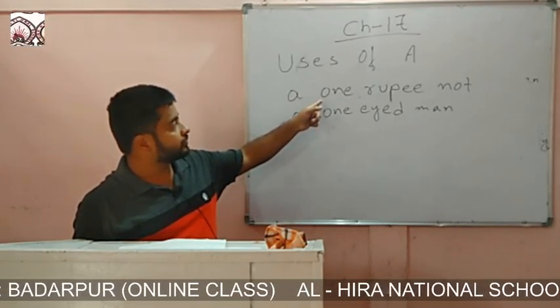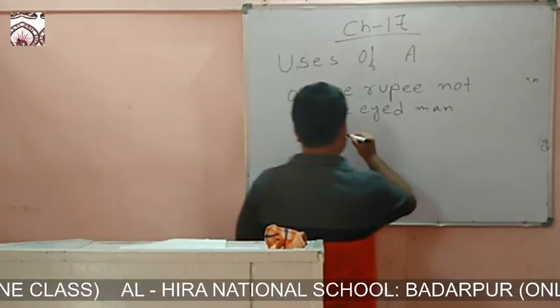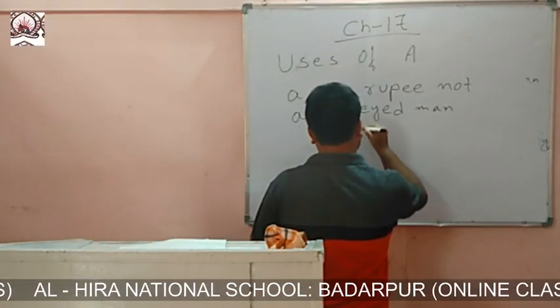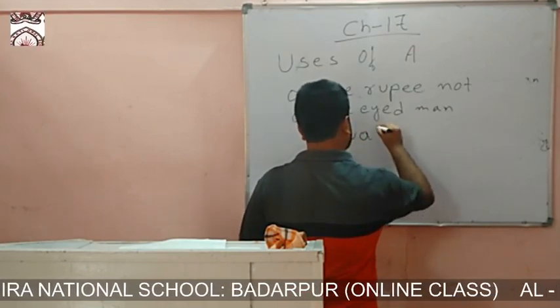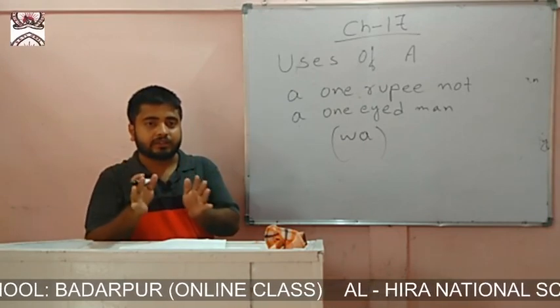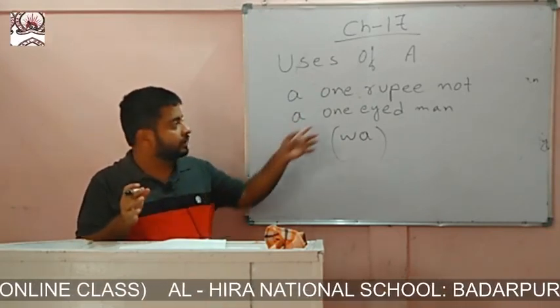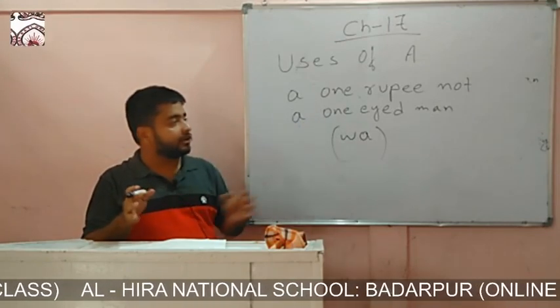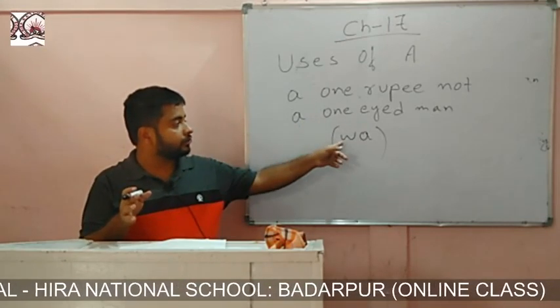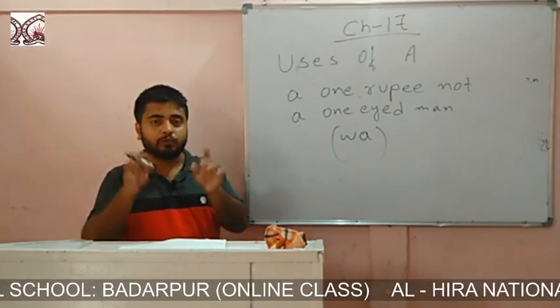If you pronounce one, you will get wa. The sound is coming as wa, one rupee note. Then a one-eyed man, wa, one-eyed.